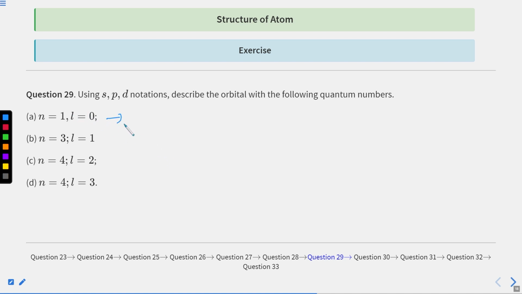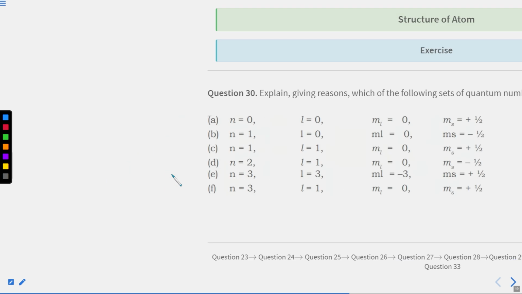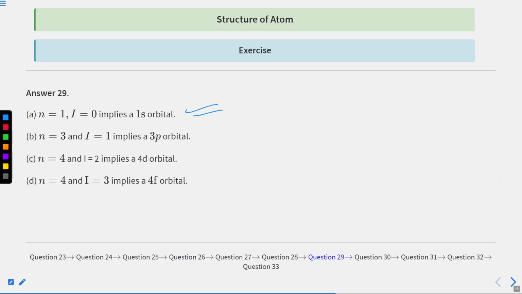So this is n equals 1, and since l equals 0 corresponds to s, it is 1s. n equals 3, l equals 1 corresponds to p, so it is 3p. n equals 4, l equals 2 corresponds to d, so it is 4d. And n equals 4, l equals 3 corresponds to f, so 4f. 1s, 3p, 4d and 4f.